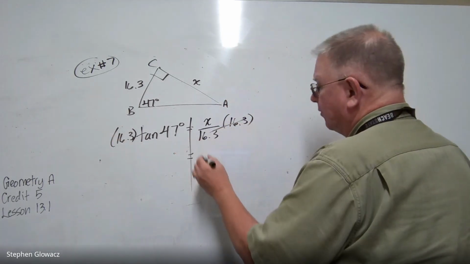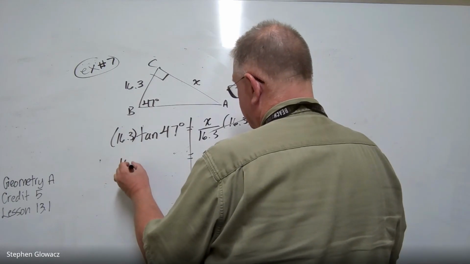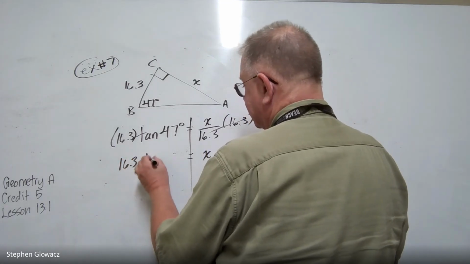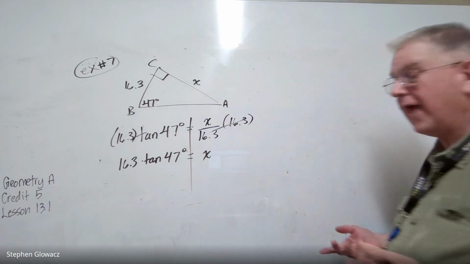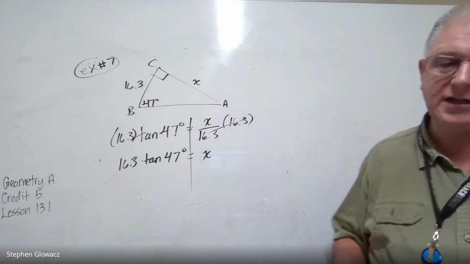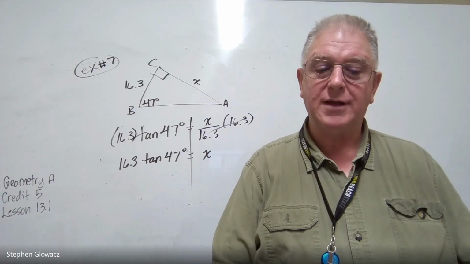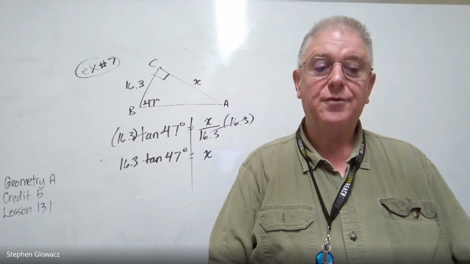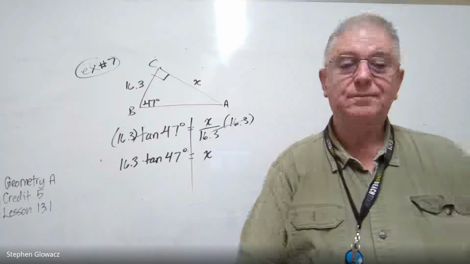So the 16.3's cancel, and we have our answer of 16.3 times the tangent of 47. Now for that part, we're going to use our calculator. And actually, let's show you how to do that on Desmos. Let's go ahead and type that in on Desmos. And so let's go ahead and bring up Desmos again.